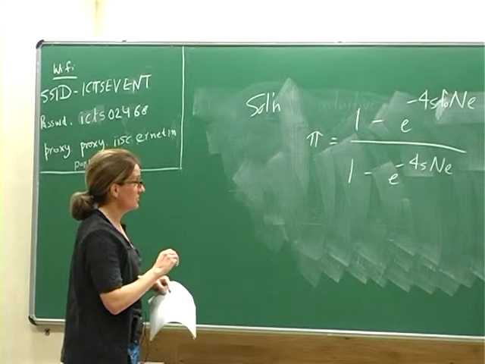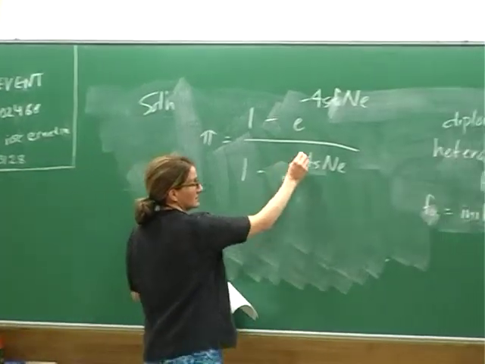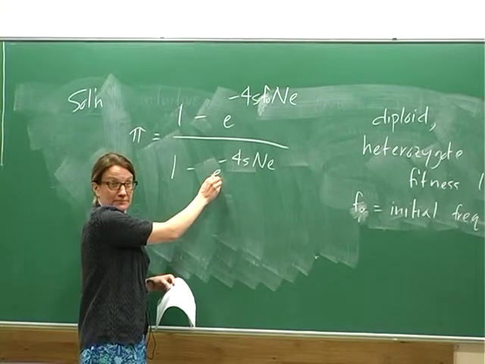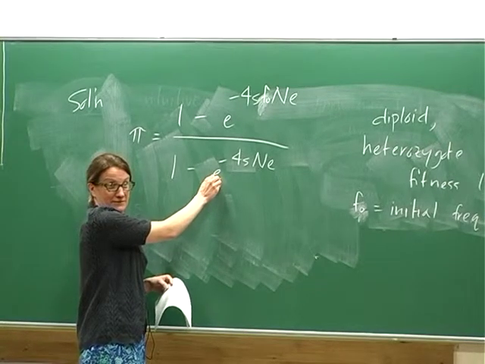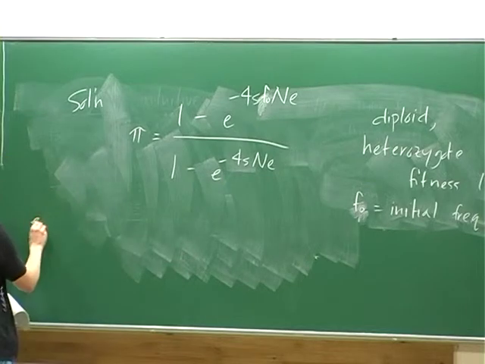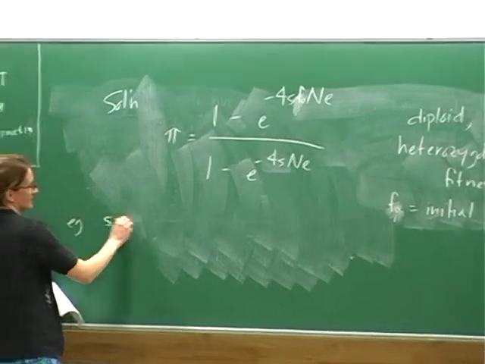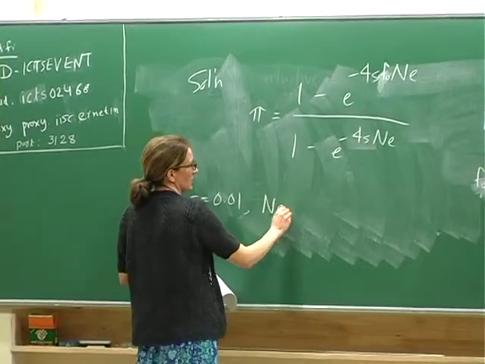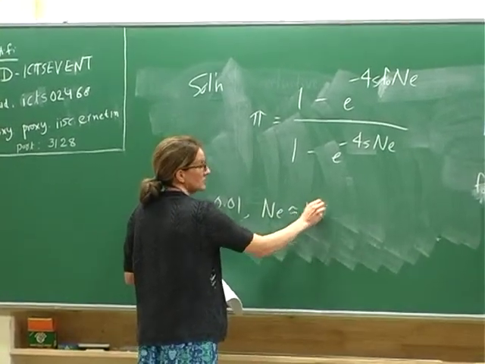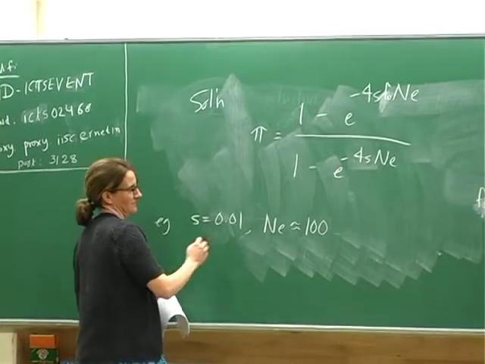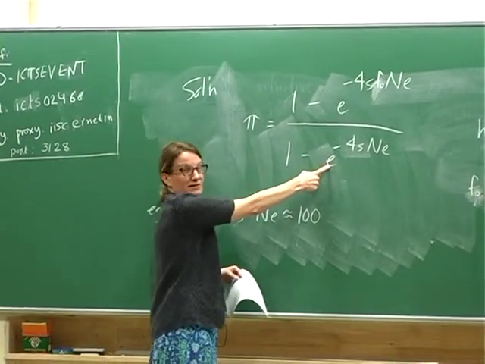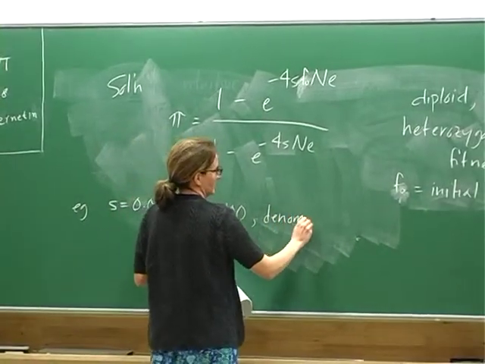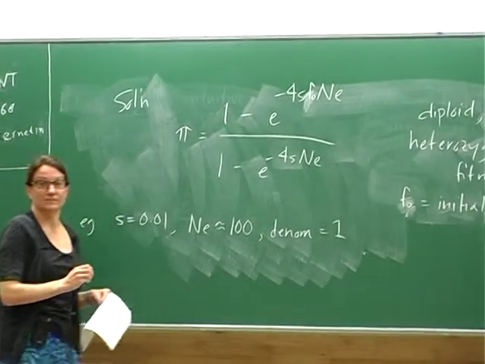The first thing to note is that this guy is really pretty small and drops off fast. So for example, if you have S is 0.01, then when N_e is around 100, already this is basically 0. So the denominator equals 1, and we can ignore it.